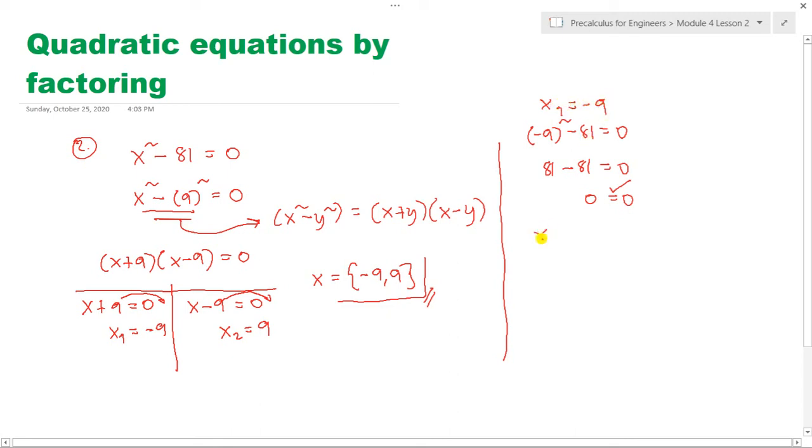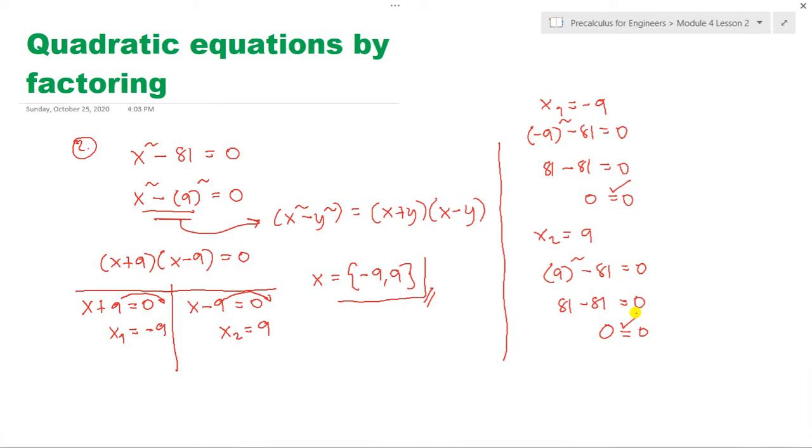How about the second value? X sub 2 is equal to positive 9. So plug in 9 squared minus 81 equals 0. Of course, this is 81 minus 81 equals 0. Therefore, this is 0 equals 0. From verifying our solution, we can say that the solutions negative 9 and 9 satisfy our quadratic equation.